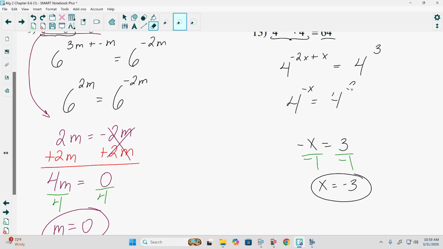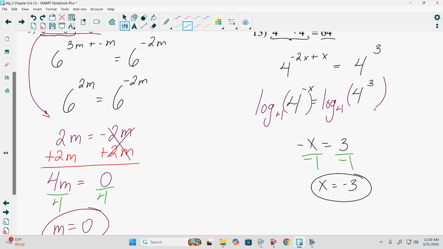Interestingly enough, and we will get to this, you do not have to rewrite it. Truly, and realistically, what we're doing is applying log base 4 to both sides.